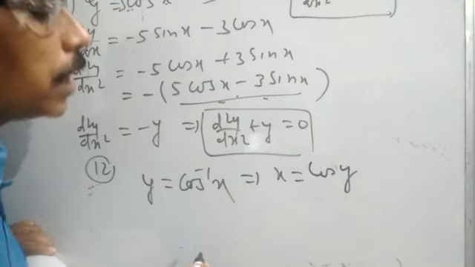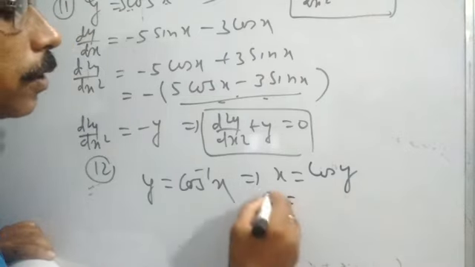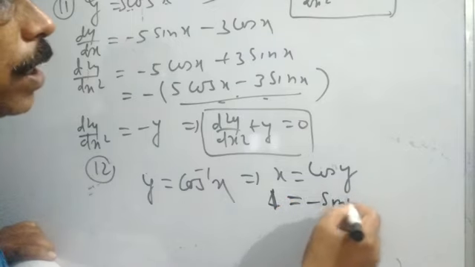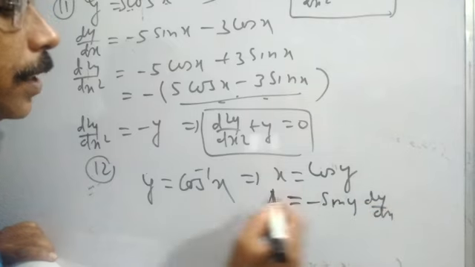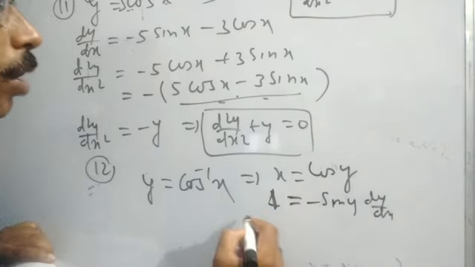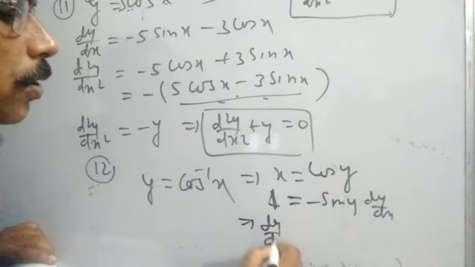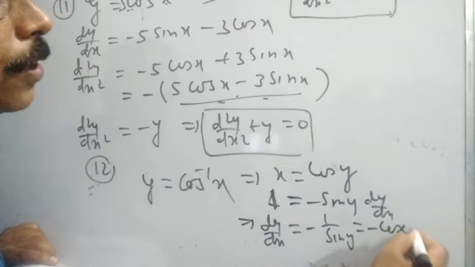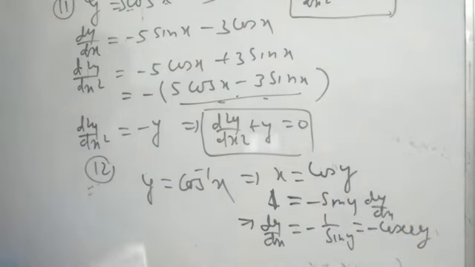Differentiate both sides with respect to x: the derivative of x is 1, and the derivative of cos y is minus sin y into dy/dx. So dy/dx is equal to minus 1 by sin y, that is minus cosec y.